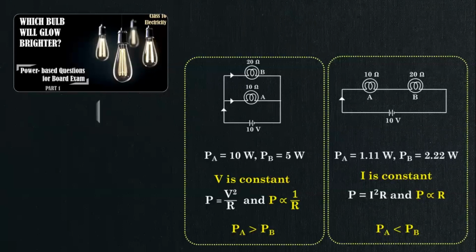Means in their parallel combination, the bulb which has less resistance will consume more power. In series circuit, the current through each bulb is constant. Therefore, the power is directly proportional to resistance of the bulb. Means the bulb which has more resistance will consume more power.